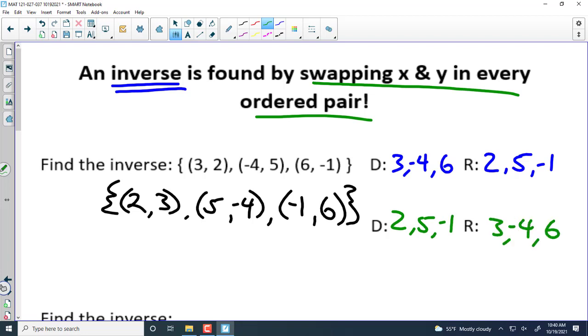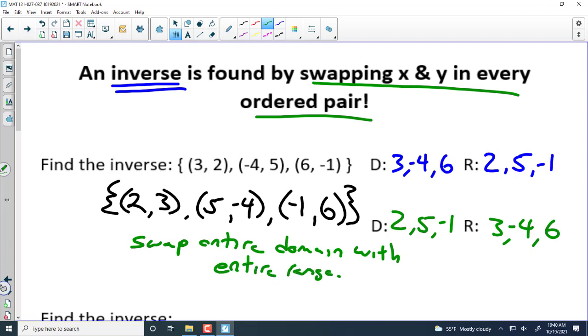If you swap every x and y, then you're also swapping the entire domain with the entire range. Now, of course, it's going to get a little more tricky, and it's going to get a little more difficult, and I'm going to add some more details as we go, and there's always a bunch of little things we have to worry about. But that is the basic idea today. Switch x and y, and you got an inverse.